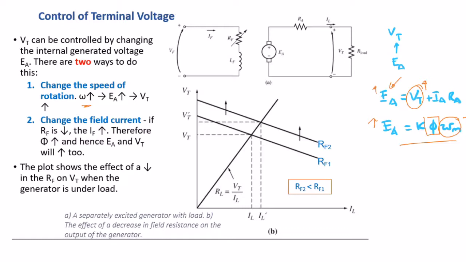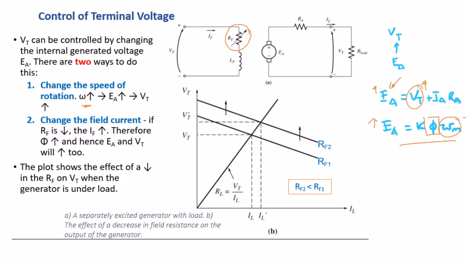Right, and the second method is by changing the field current. And how does this change in the field current affect EA? Changing the field current can be done by changing the field resistance. If you look at the equivalent circuit diagram, the one that I circled in red here is the RF, or the field resistance.